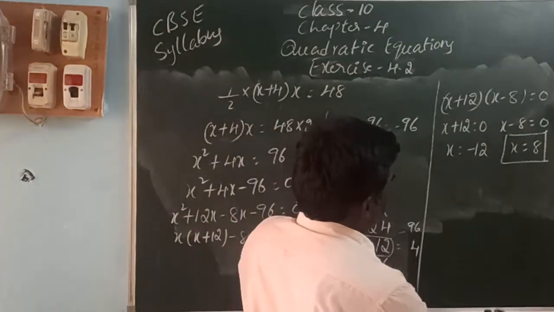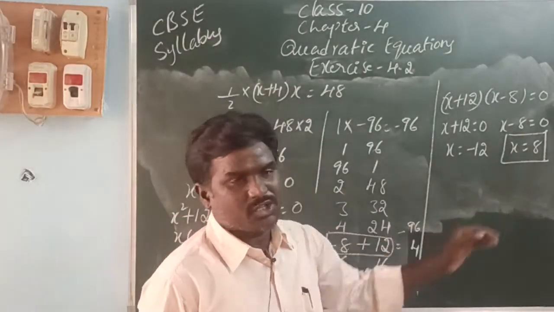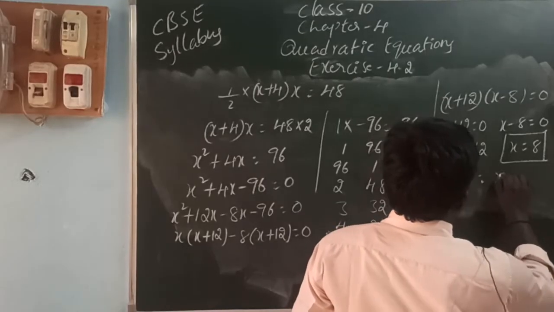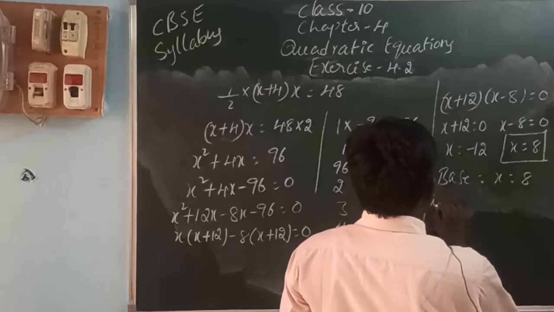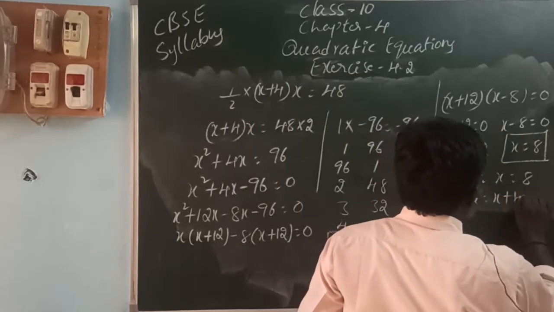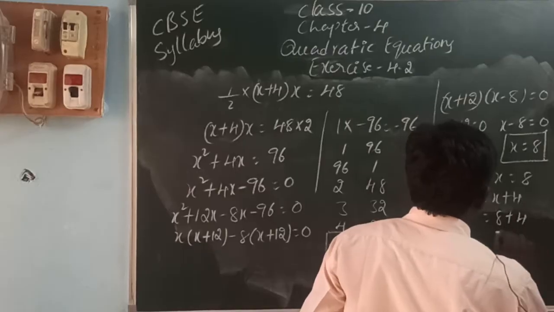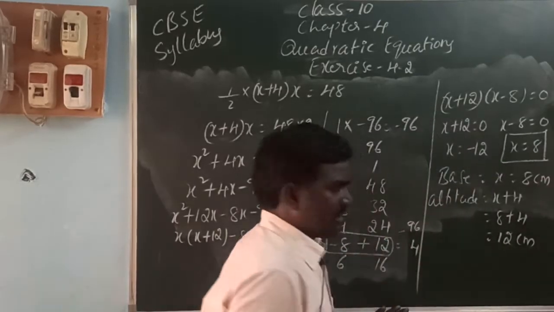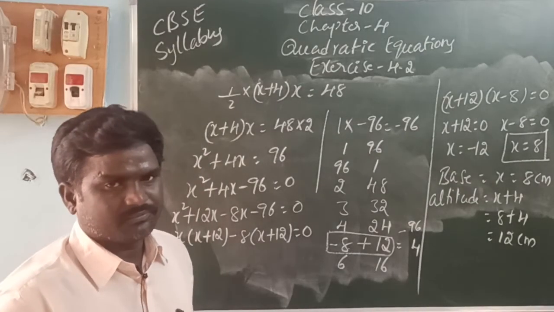So the base of the triangle is 8. Next, the altitude of the triangle is x plus 4, that is 8 plus 4 is equal to 12 centimeters. Base is 8 centimeters, altitude is 12 centimeters.